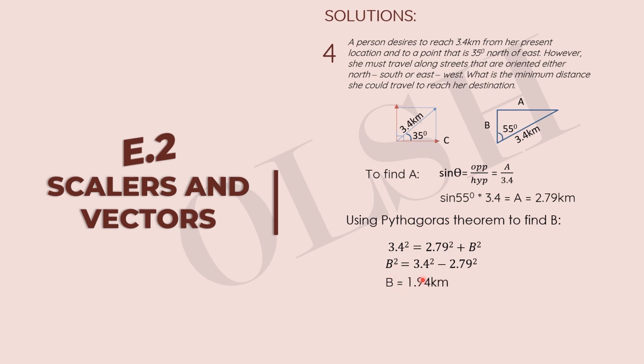And then if we find the square root of the simplified right hand side of this equation, we're going to have 1.94 kilometers as our B. So what is now the minimum distance that she will travel? That would be 2.79 plus 1.94 kilometers, which would give us 4.73 kilometers.